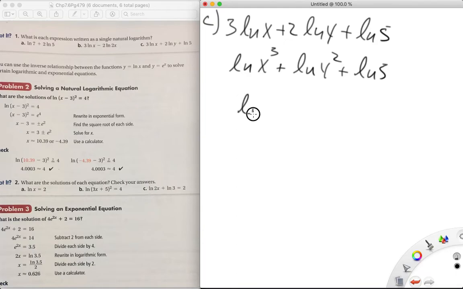So that'd be ln 5x cubed y squared. Okay, so every rule that applies to properties that we talked about with log works with natural log. All right, solving natural logarithm equations.